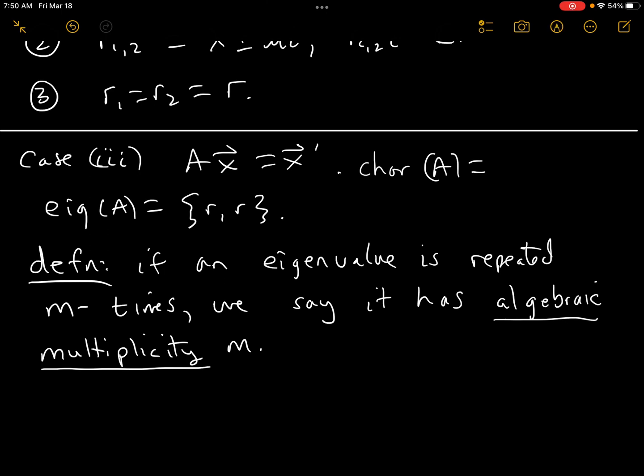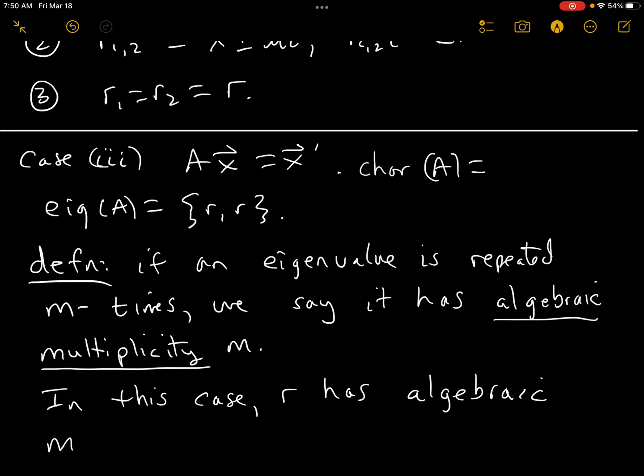So in this case, R has algebraic multiplicity two, because it's repeated twice. As we'll see in the 3 by 3 and the 4 by 4 case, you can have triples and quads. So for now, we're just dealing with the 2 by 2.